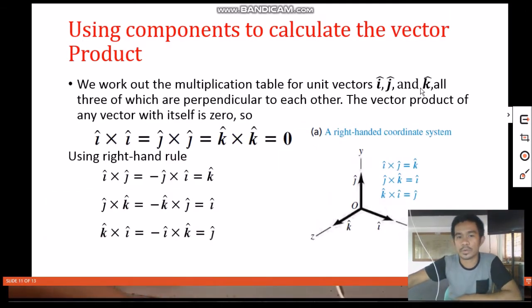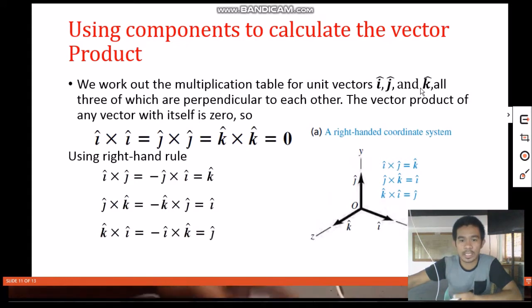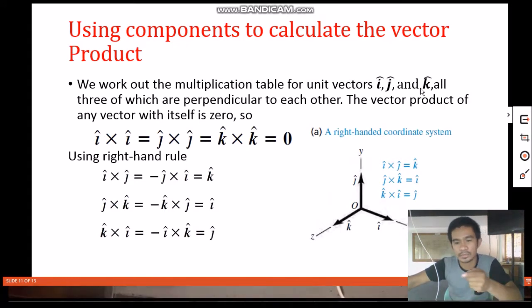Let us use components of the given vectors to calculate the vector product. We know that the vector product of any vector with itself is 0 because they are parallel, and for anti-parallel vectors it must also be 0.